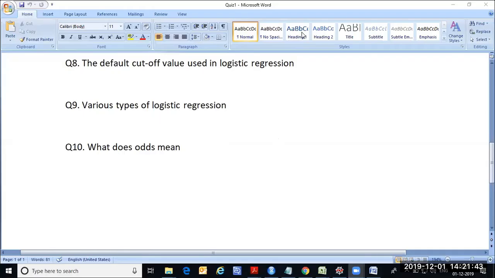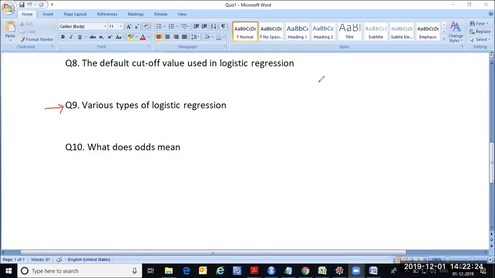What are various types of logistic regression we discussed? Simple and multiple. Any further segregation that we discussed? Binomial logistic regression. When we are dealing with an output variable which has two classes, we can go for binomial logistic regression.